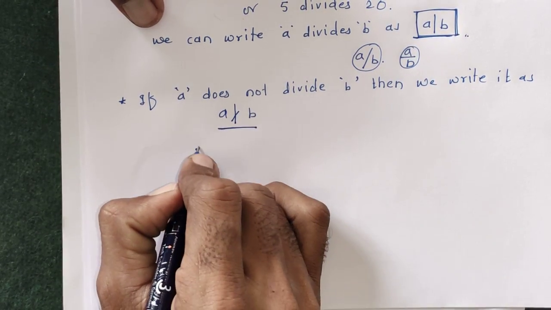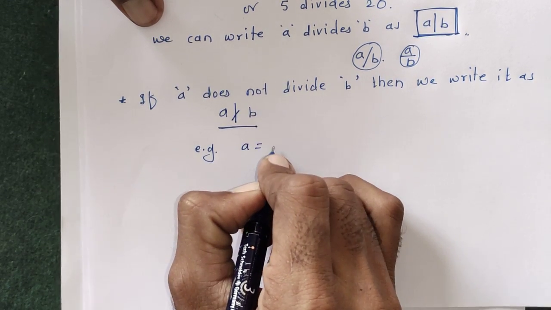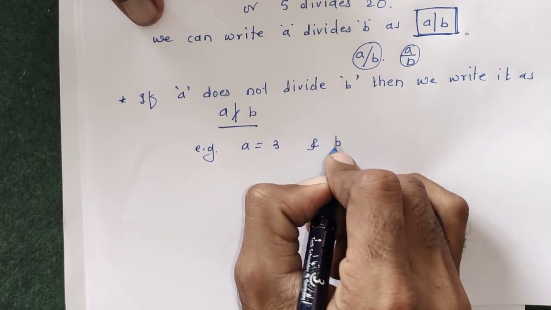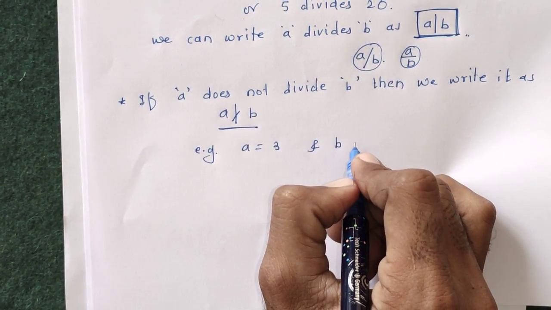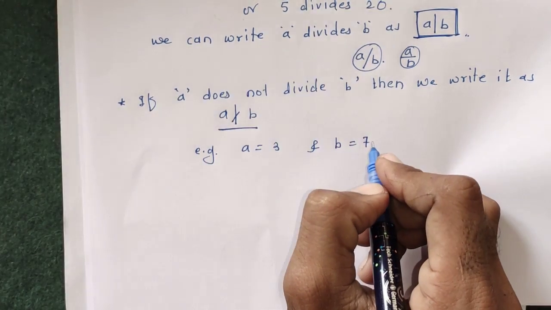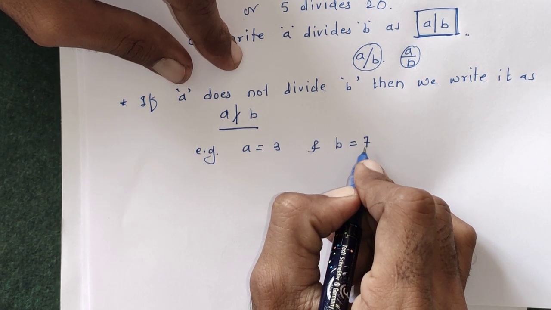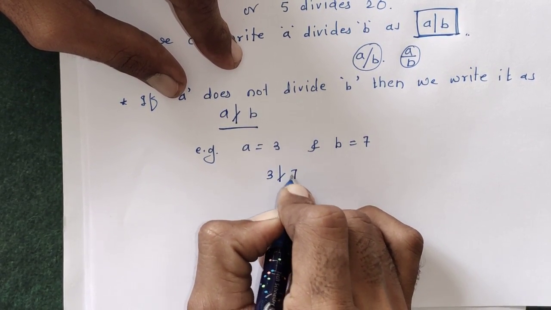So, for example, suppose a is equal to 3 and b is equal to 7. Then 3 does not divide 7.